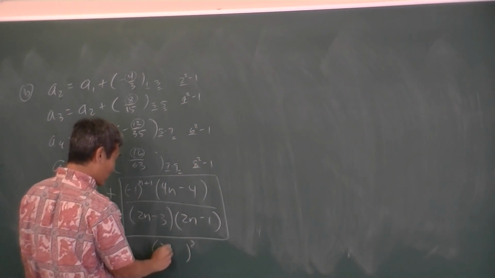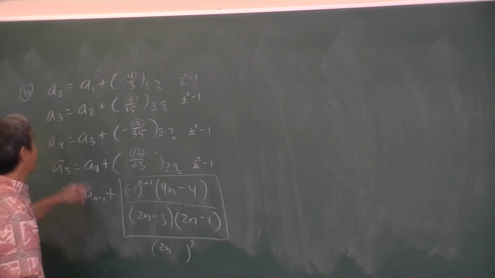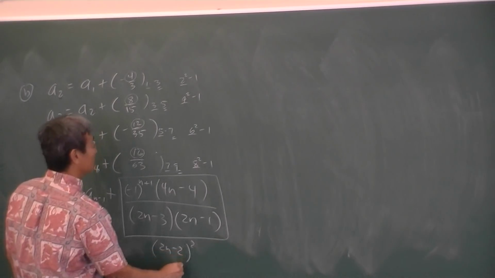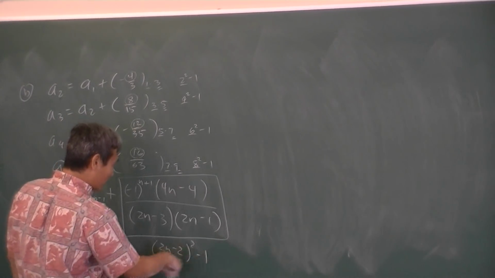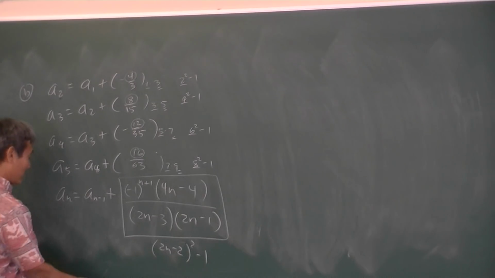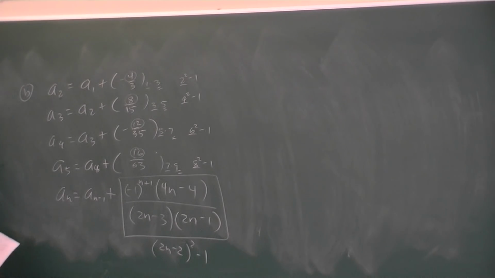The common difference is 2, and then adjust. If you plug in 2, you want to get 2. Minus 2, and then minus 1. But when you multiply it all out, isn't that the same thing as this? Yes. So either way works.